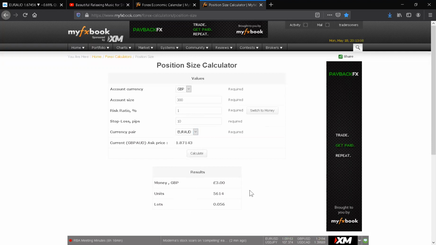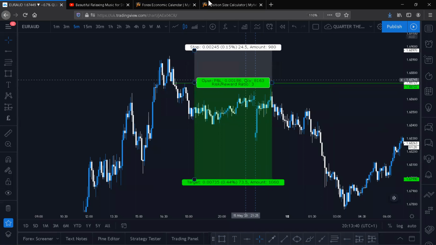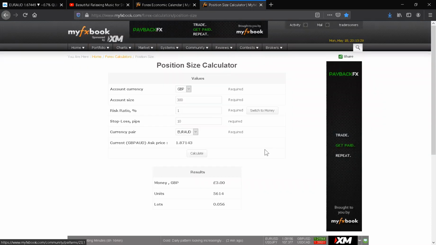So that particular trade, it's saying for every 10 pips it moves, you're going to make 1% in your account and you're going to make £3, right? So that trade was a 1-to-3. So that one, you're going to make £9, right?